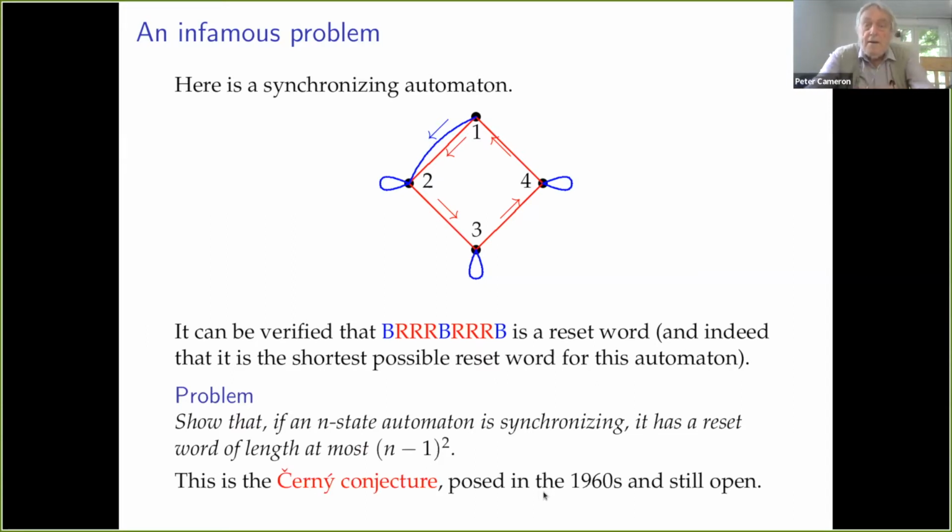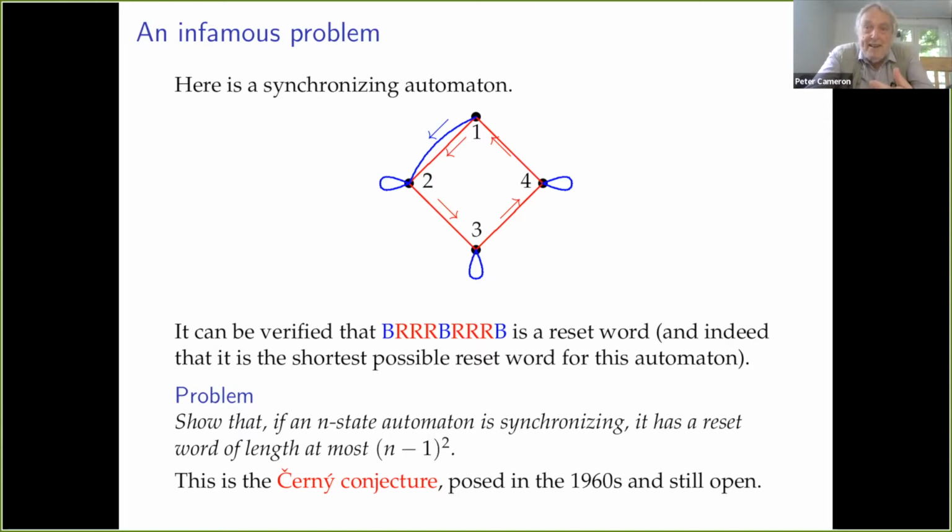It was posed in the 1960s and was still open. And it comes with a health warning. This looks like such an attractive and easy conjecture that you're very tempted to just have a go. But you'll get sucked in very quickly and you'll waste a lot of time on it. And as I say, in more than 50 years, nobody's cracked it yet.